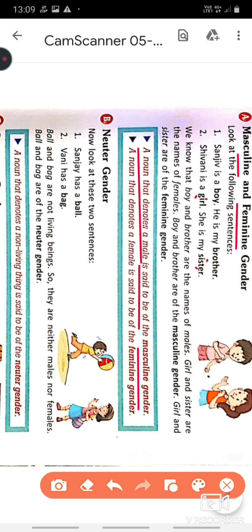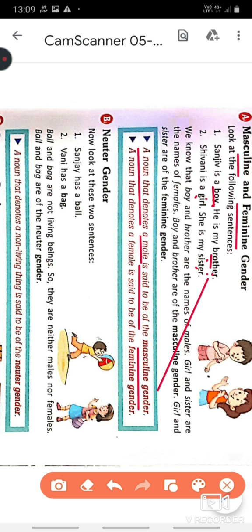This is Ling in your Hindi. Male means boys or male means men. So all the words that denote a male come in the category of masculine gender. Example, what we read before, boy and brother will be categorized as masculine gender.